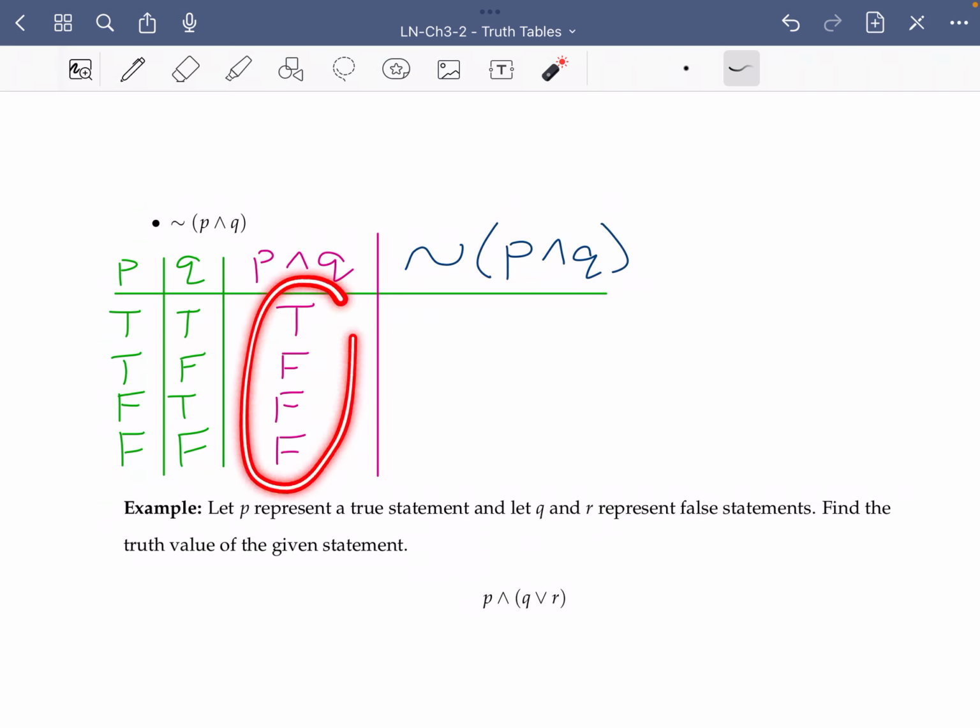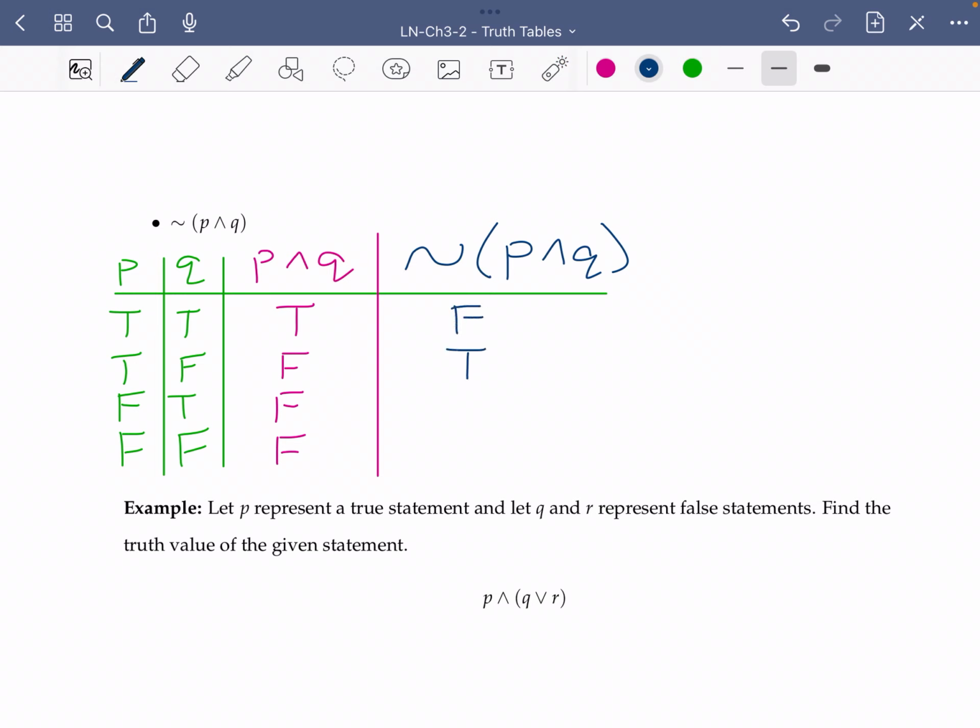We're just going to write down the opposite value of those, right? That's what the negation tells us to do. And so we will have false, true, true, true. So that builds that truth table, and we are done with that.